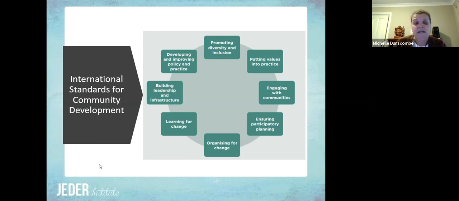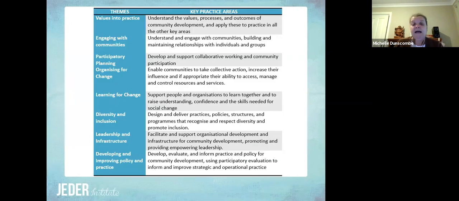Because if we have a look at each one, and this is the idea that was behind them when they were developed, you'll see on the little chart that I've got there each of those themes, the 8 areas, and during the development of those 8 areas, some key practice areas were developed for each one of those themes.